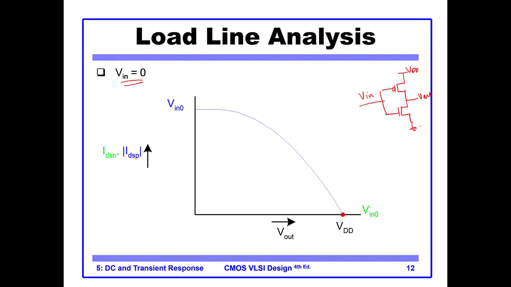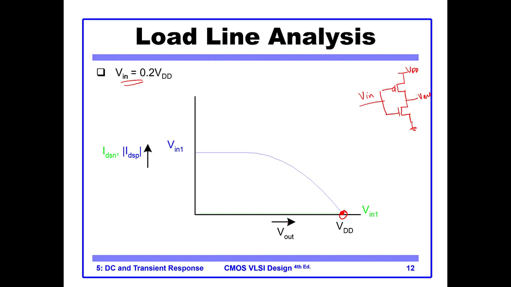The NMOS is off and the PMOS is on. When the PMOS is on, Vout is equal to VDD, so we get this red line on the output, because here is our output. What happens when Vin is 0.2 VDD?